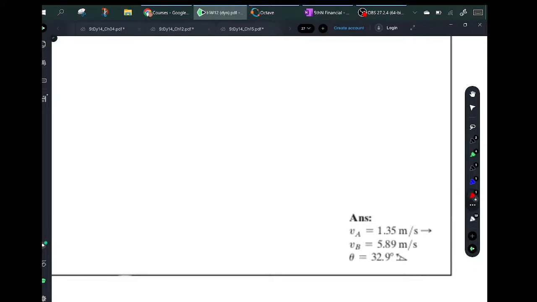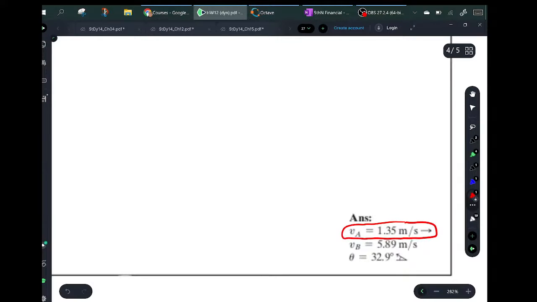So he says velocity A is 1.35 to the right. He gives us velocity B this way. Let's see if we can get this out of our answer.